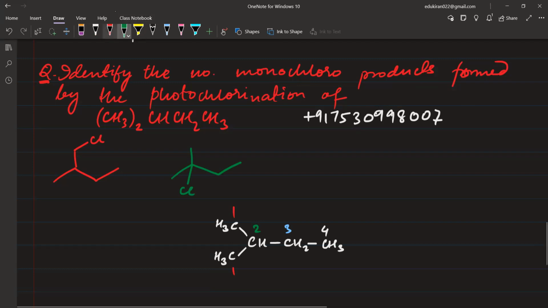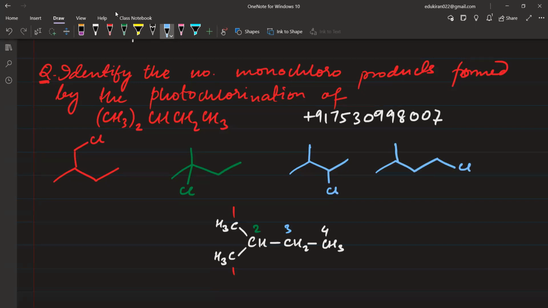We are doing chlorination. So second carbon atom, third one will be 1, 2, 3, 4, and this third carbon atom will have chlorine, and then fourth 1, 2, 3, 4, this fourth one will have chlorine, and the structure is as it is. The fourth one is white, so I should make it white.